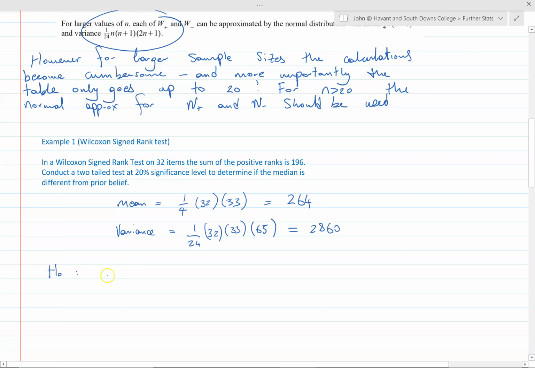H0: the median is unchanged. And H1 is that the median is changed, because it's two-tailed. We'll come back to that in a sec.